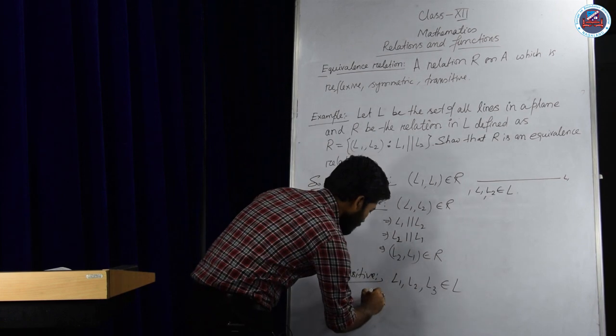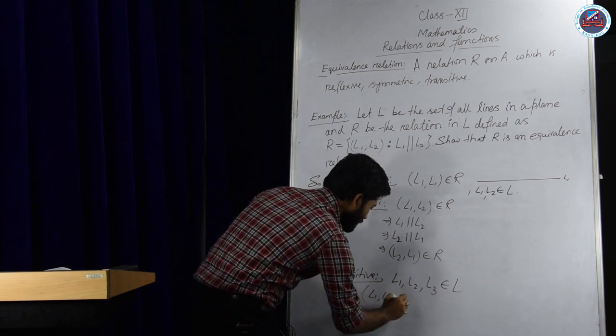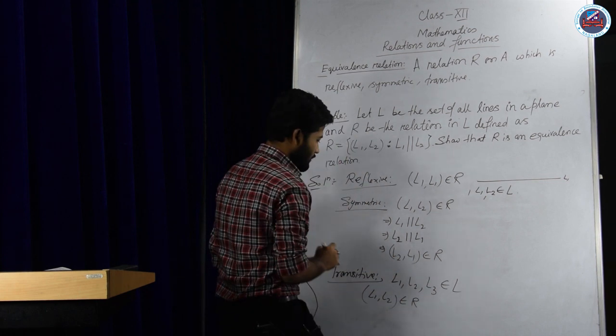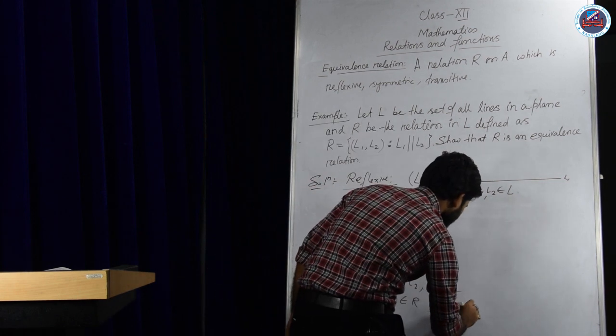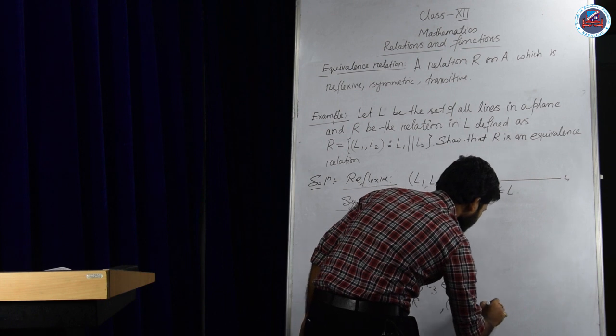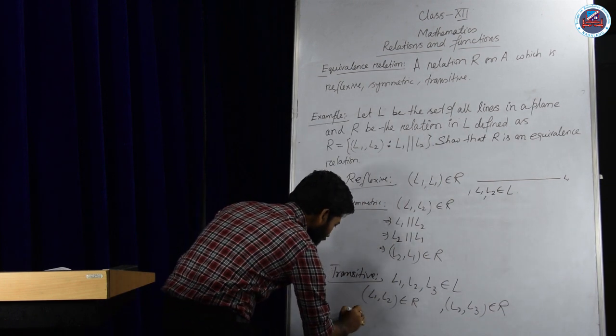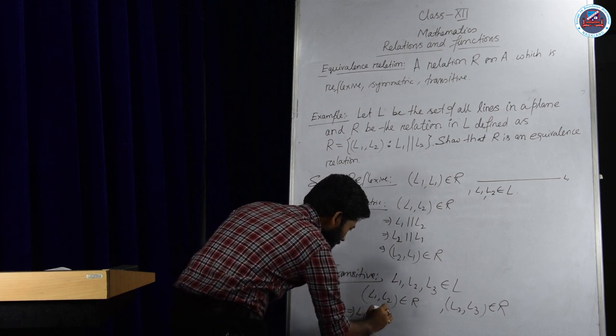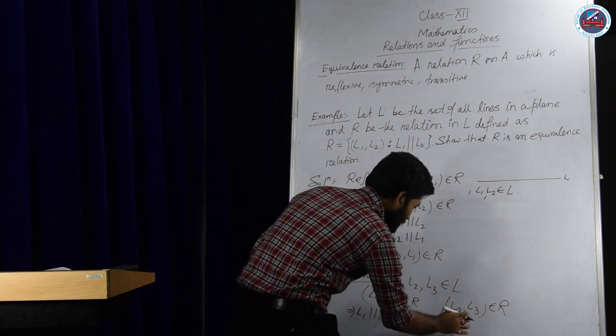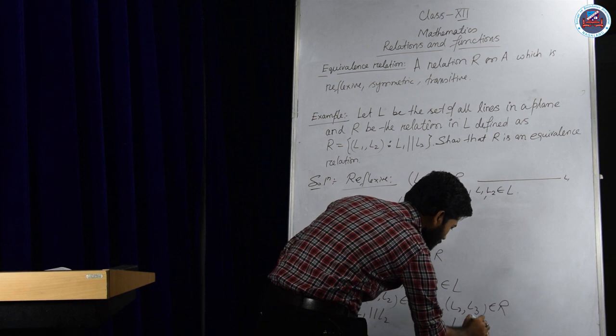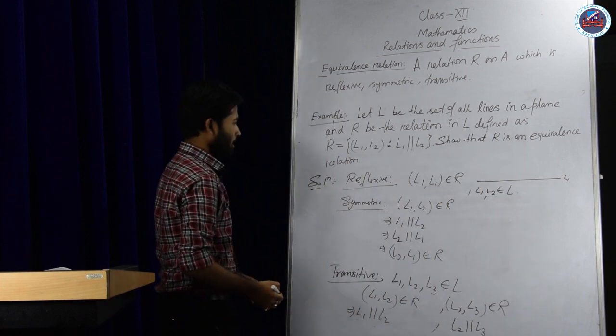Now let us take (L1, L2) in the relation R and (L2, L3) in the relation R. Since (L1, L2) belongs to R, we can write L1 is parallel to L2, and from the other pair we can write L2 is parallel to L3.